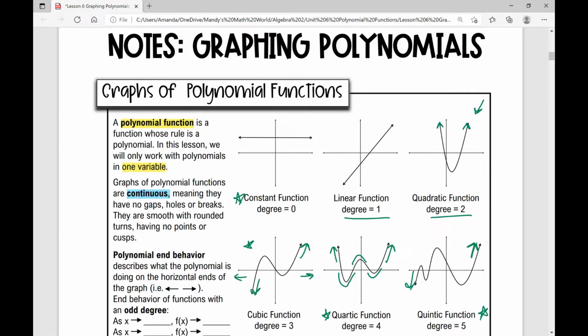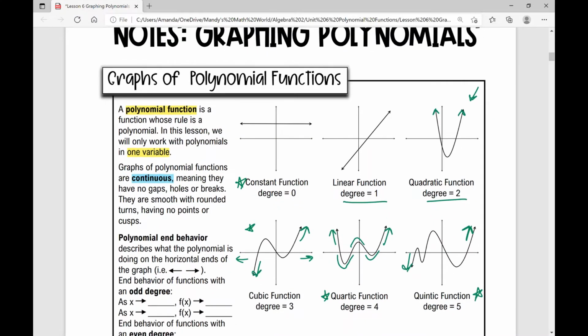One end goes down, the other end goes up. So let's look at end behavior, like I just discussed. End behavior of a polynomial function describes what the polynomial is doing on the horizontal ends. That's why I drew these arrows right here on the ends.